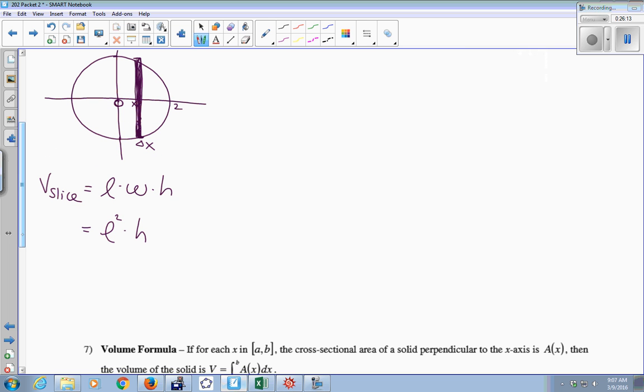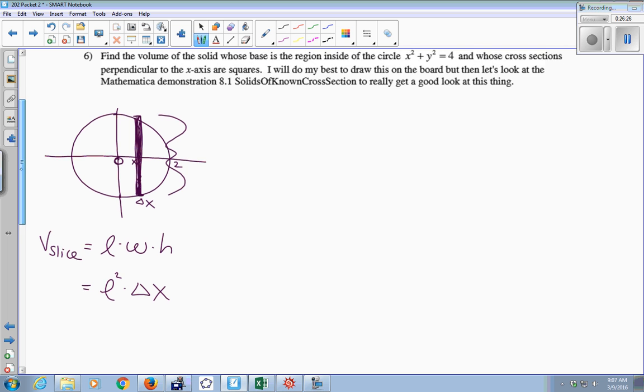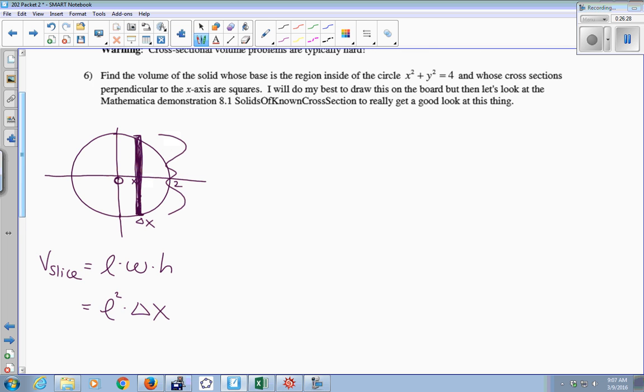So if height is going to be delta x, then I need to be able to write the length, which is this distance, in terms of x. If this is x, then this is y, right? And I have an equation that relates x and y. Just solve that for y.